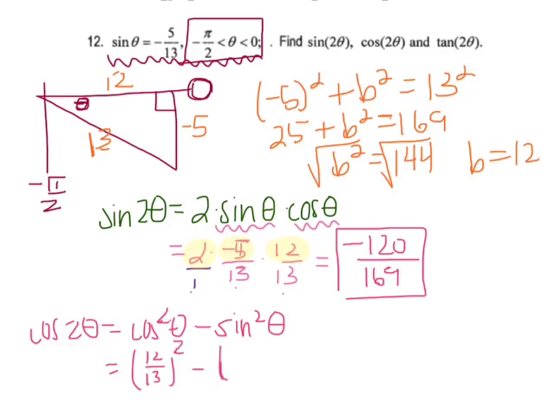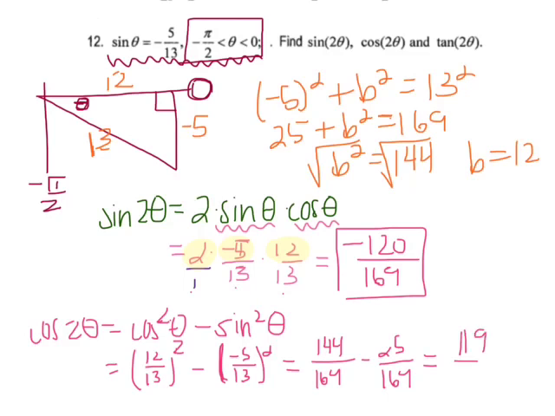Minus sine of that angle, which is negative 5/13, squared. So you should have 144 over 169 minus 25 over 169. When you put those two together, you get 119 over 169. You always want to double check and make sure that the fractions don't reduce, but I'm pretty sure neither of those do.